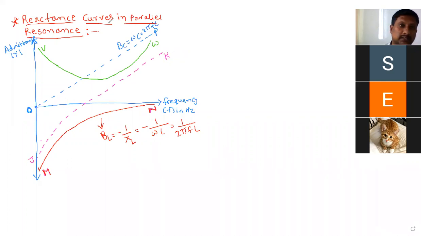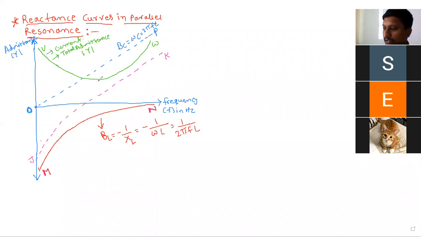JK as well as this green color. So the green color is what? The green color is the total admittance. Total admittance, that is Y. Okay. As well as current. This is also the current.